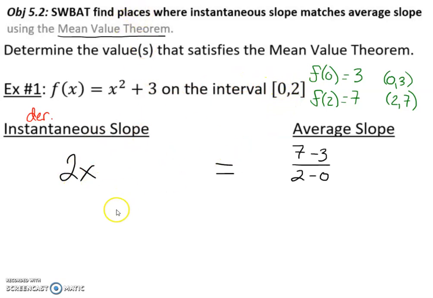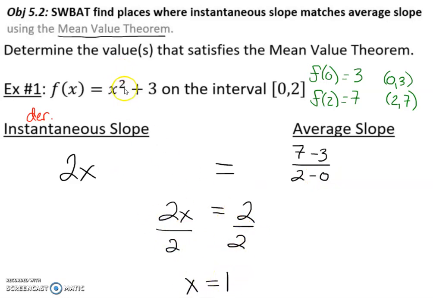So I'm going to start solving this. 2x equals 7 minus 3 is 4, divided by 2 is 2. And when I solve this equation for x, I get that x equals 1. 1 is indeed in that interval as the mean value theorem promised, so that's what we were looking for, and we're done.